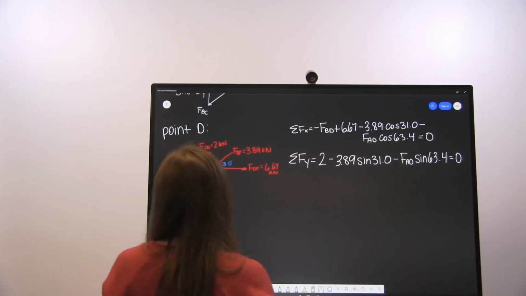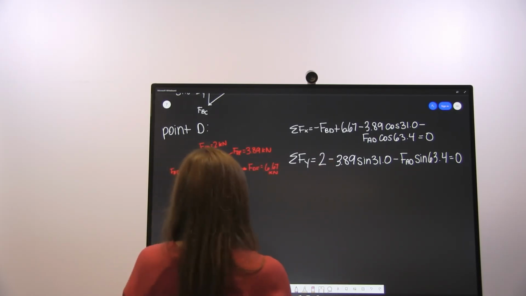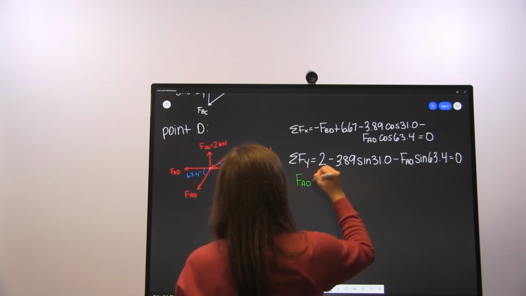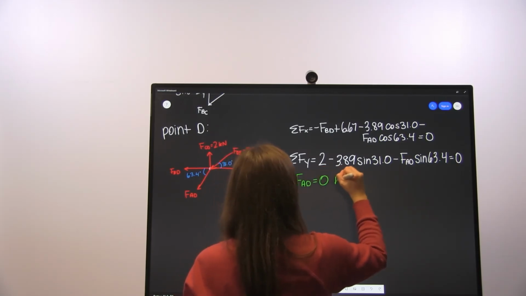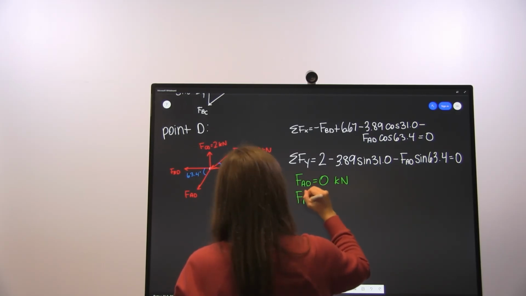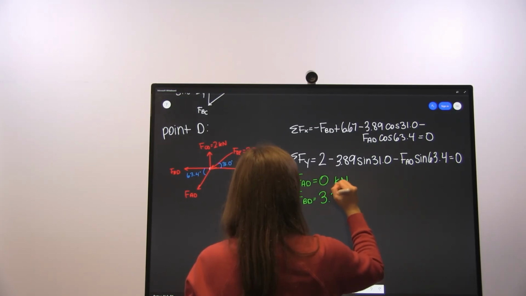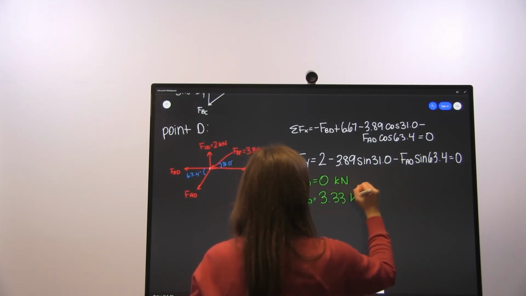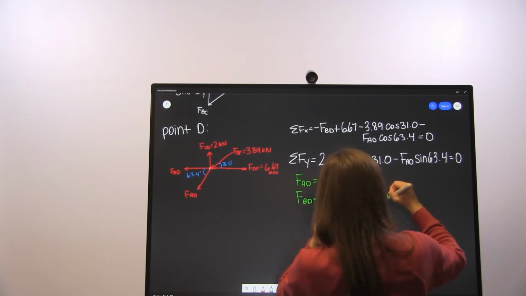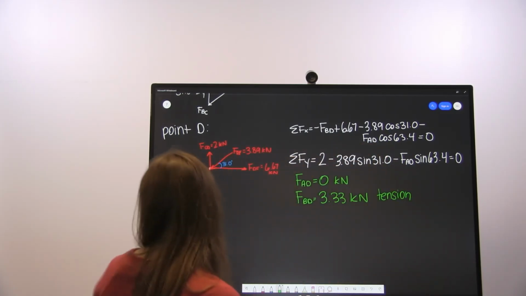So from here, if we plug these into Wolfram or solve them by hand, we end up getting force AD is equal to 0 kilonewtons, and force BD is equal to 3.33 kilonewtons, and that is tension because it's positive, and it's our assumed sign, so it's tension.